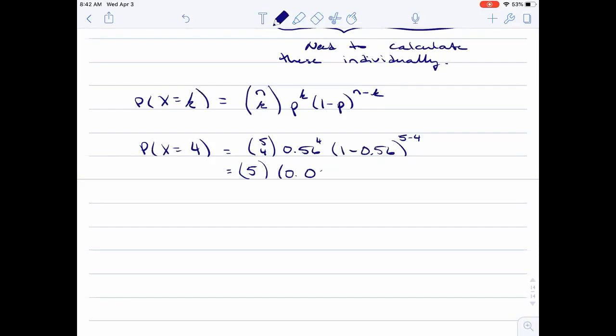0.56 to the power of 4 is 0.098344496. And then 1 minus 0.56 is 0.44 to the power of 1, which is 0.44.